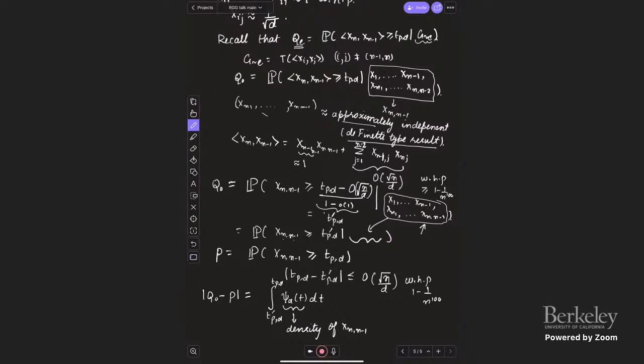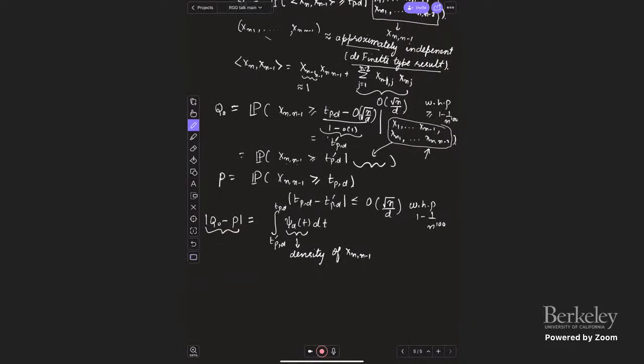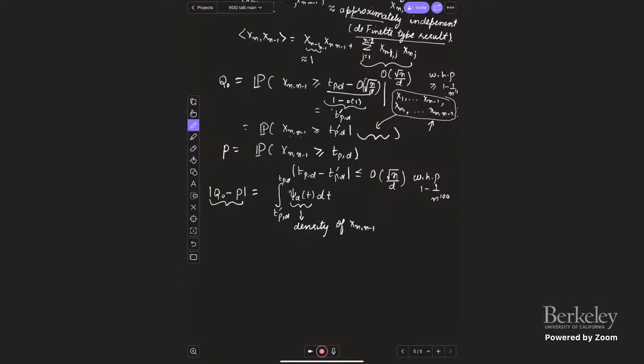To bound Q naught minus P, it is sufficient to bound this integral. We can show that this deviation is not too much when d is large enough. This can be approximately written as psi d of TPD times the absolute value of TPD minus TPD prime.